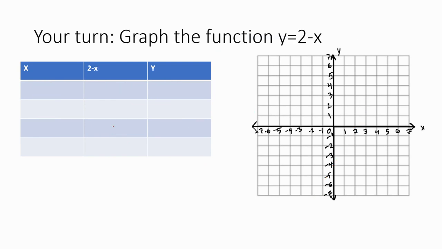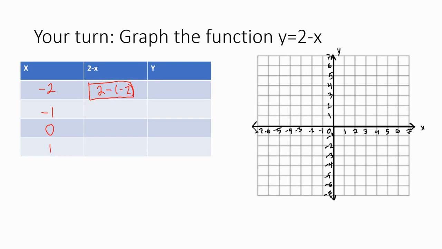Now it's your turn. So here's the function 2 minus x. Let's go ahead and start with, I don't know, -2, -1, 0, and 1. First, what would you fill in this box here? We should have filled in 2 minus, and then in parentheses, I would write -2.